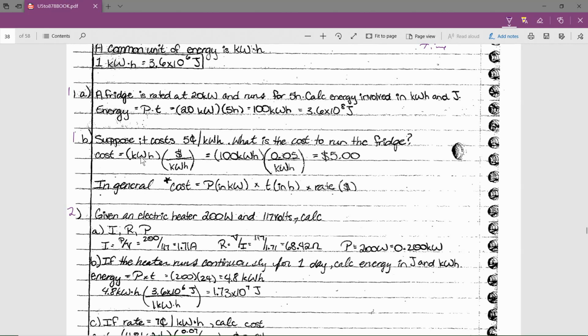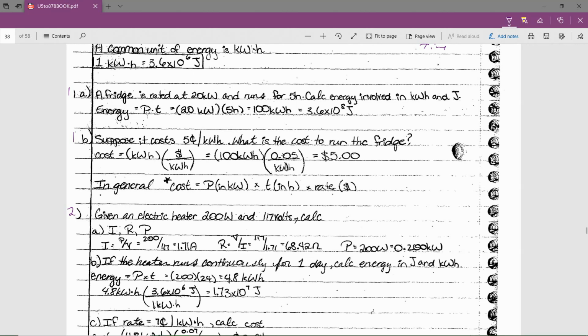So the money, all you do is you take your energy times your rate. So 100 kilowatt hours times $0.05, right? 5 cents is $0.05. So that becomes $5. So $5 is the cost to run the fridge for 5 hours.